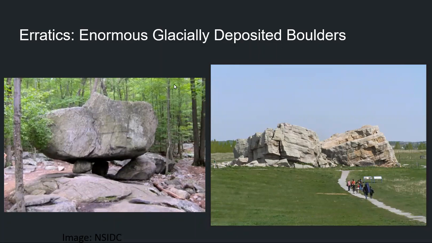And if you remember what I said for the striations, where you have rocks embedded in the ice that erode the bedrock and make the striations, that's the exact same process. You can have gigantic boulders that are trapped in the ice and basically moved along with the flowing glacier.